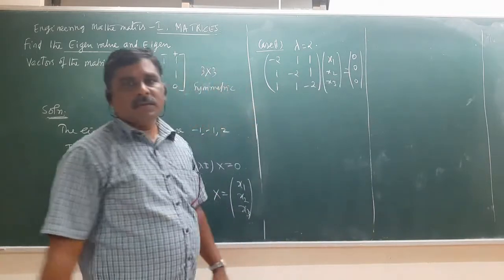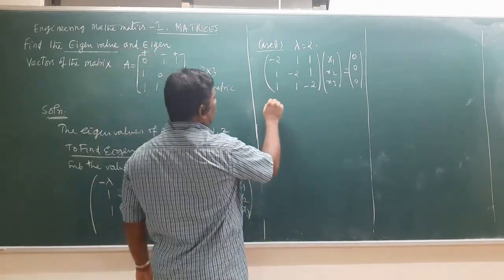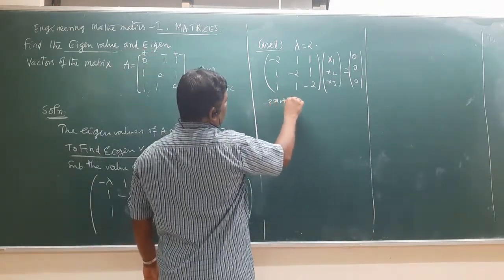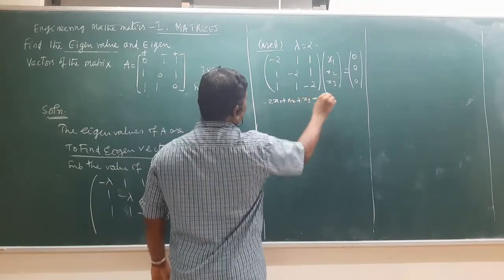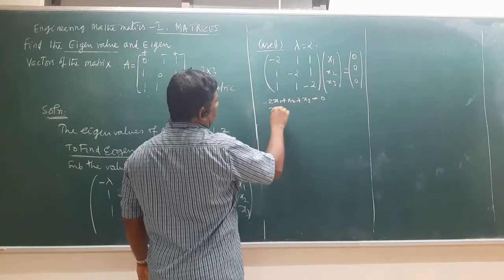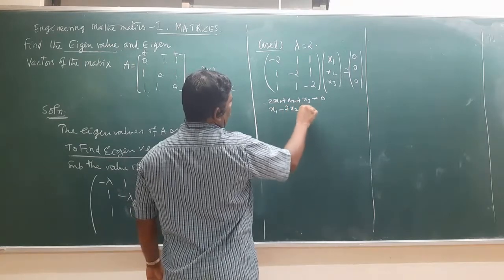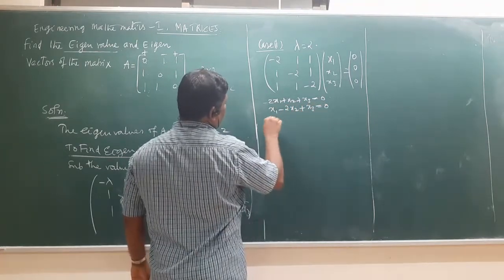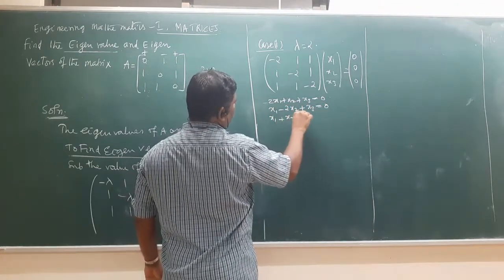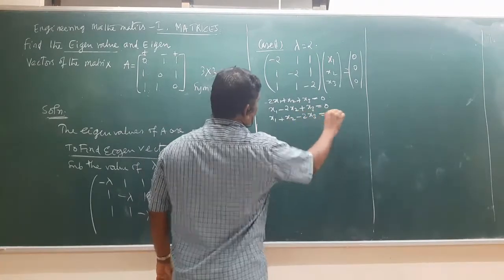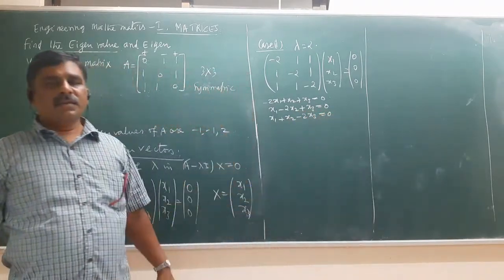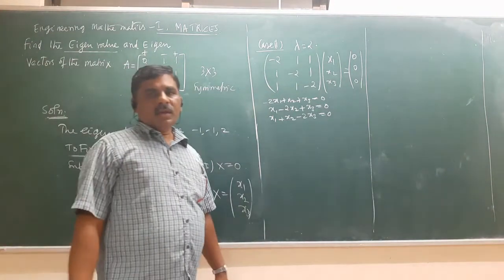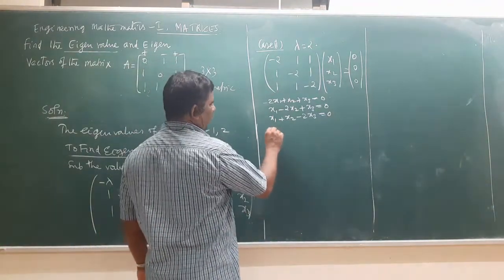Multiply these values, we will get that minus 2x1 plus x2 plus x3 equal to 0, x1 minus 2x2 plus x3 equal to 0, x1 plus x2 minus 2x3 equal to 0. Solving these three equations, we will get the value. Otherwise, one shortcut method is there.